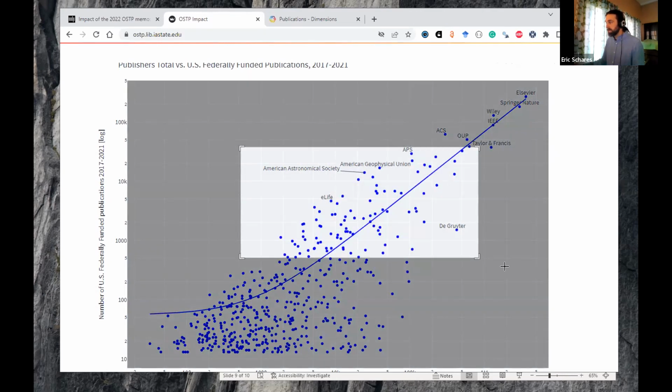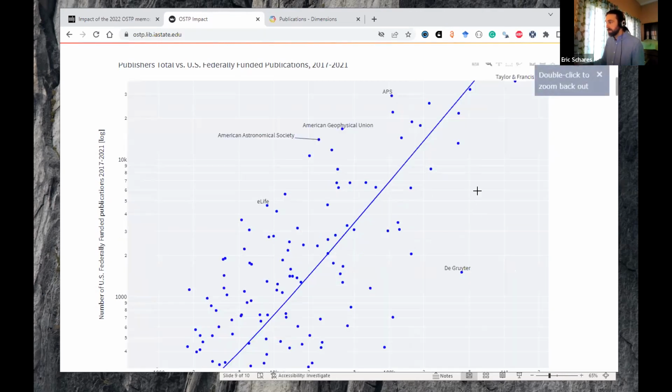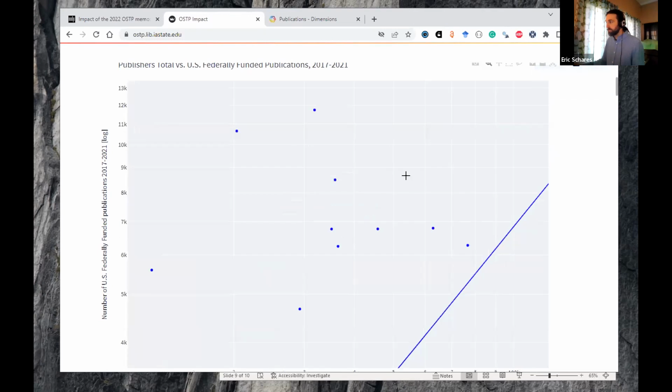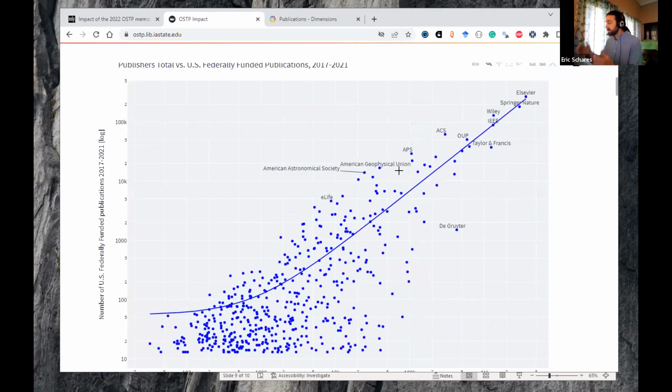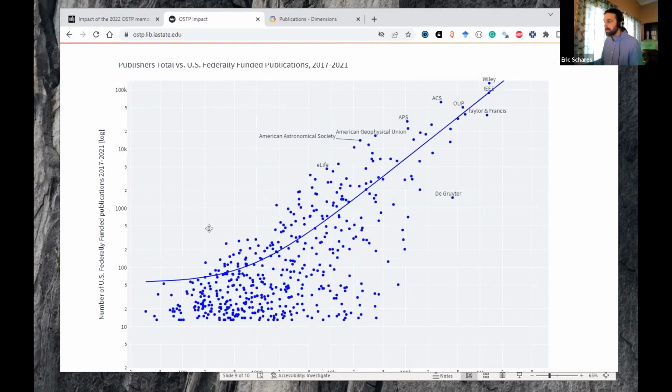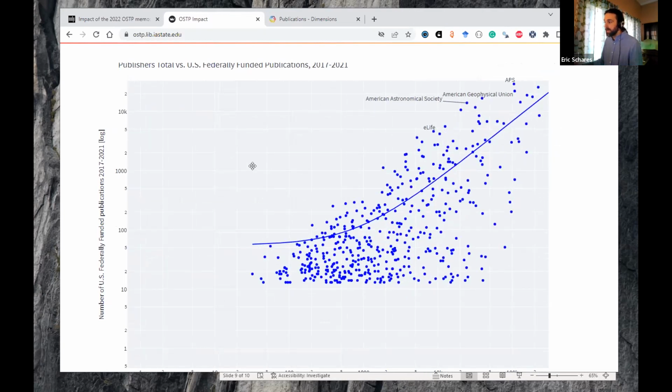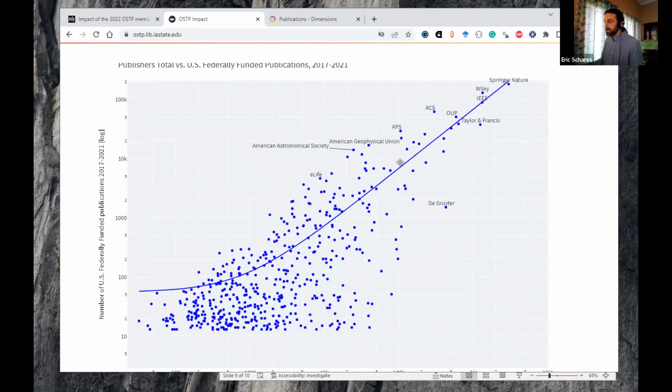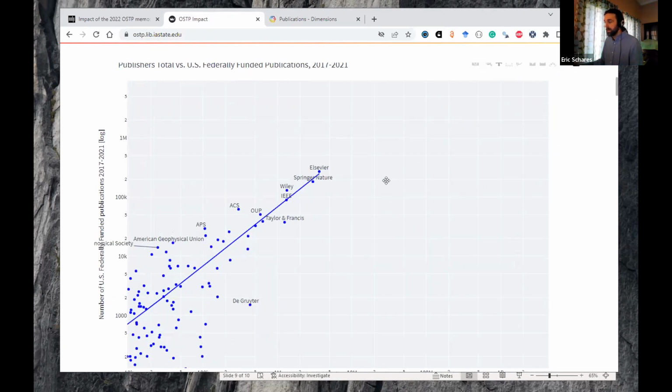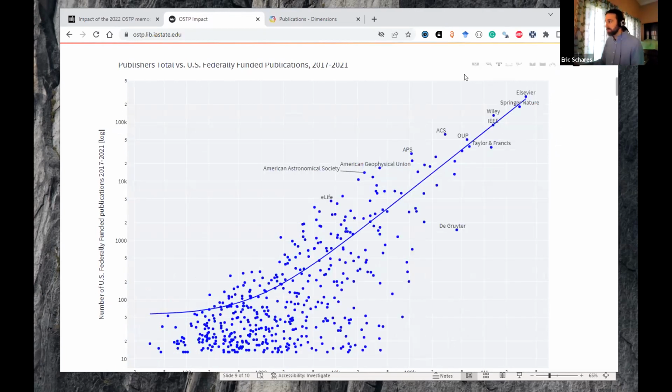You can click and zoom, and double click to reset back to the original view. I can come up here and select pan, and now when I click and drag, instead of making a zoom box, it's a pan box. So if I want to come out here, I can do so. Again, double click to reset. Change it back to zoom.